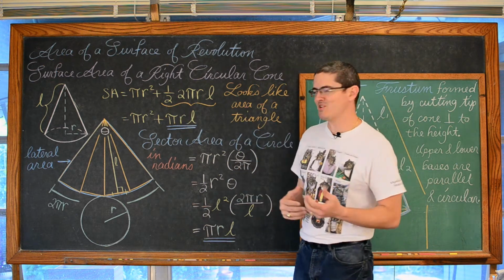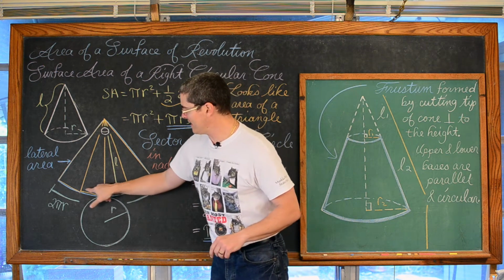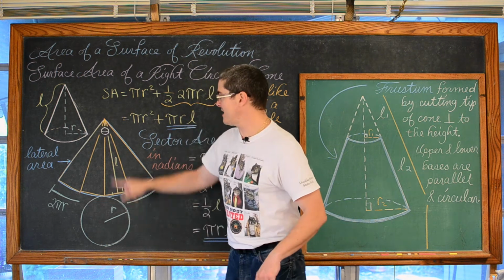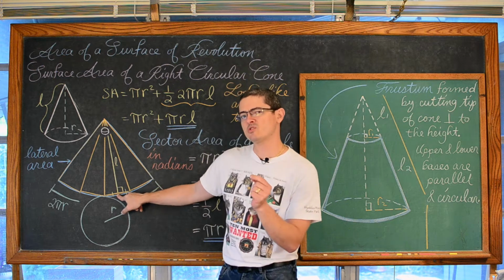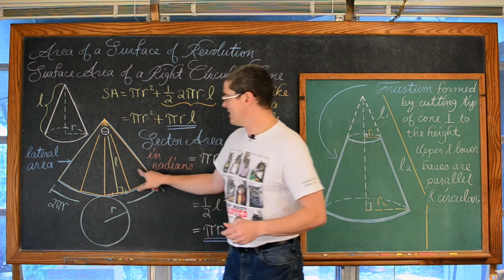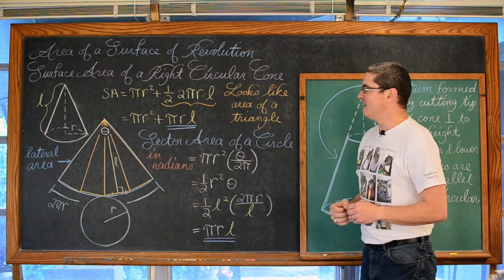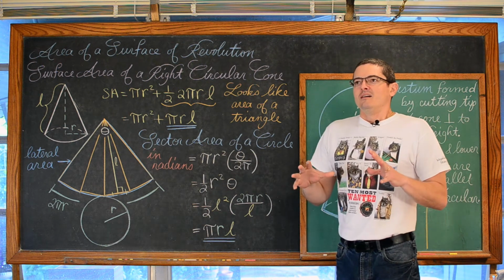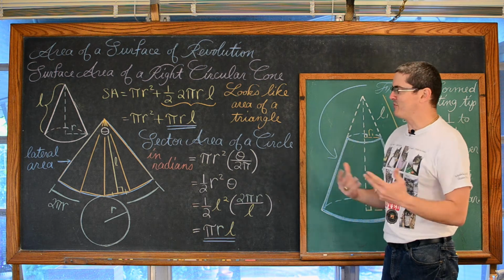But then thankfully my Geometry 2 students don't start saying, well, that's not really the length of the entire circumference of the base, it's a little bit shorter, and that slant height that we're using as the height of the triangle is a little bit shorter than the actual slant height of the cone. But as we let the number of those triangles approach infinity, we are going to get an exact value of that lateral area.